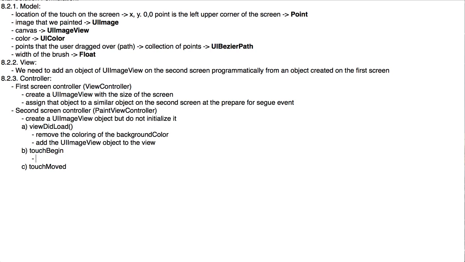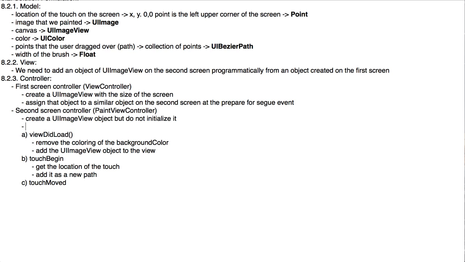In the touch began, I need to get the location of the touch and then add it as a new point, as a new path, and then I need to create a UIBezierPath object. Yeah, and add it as a new point for the path.